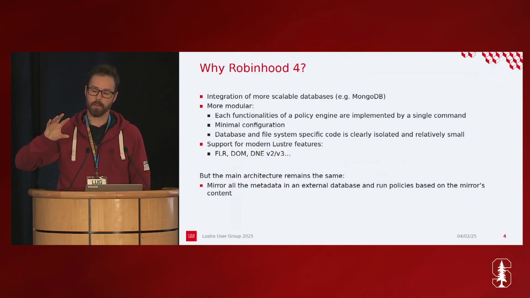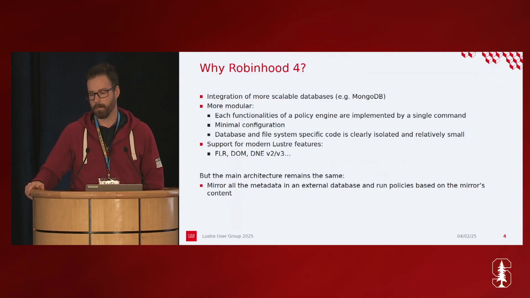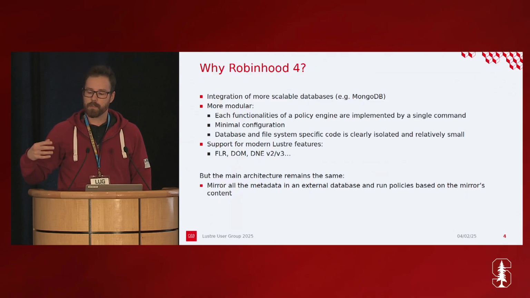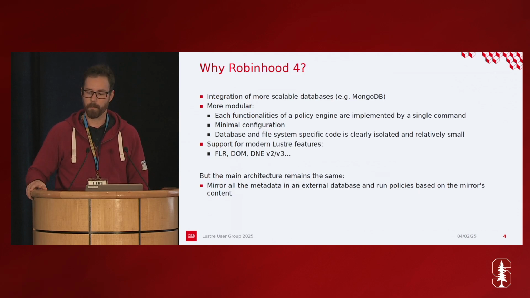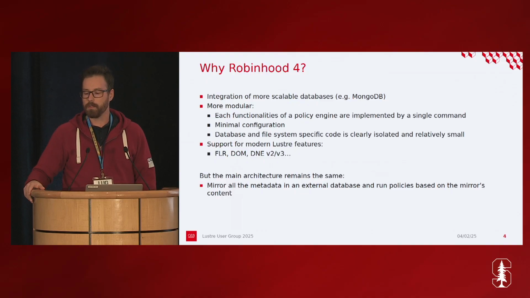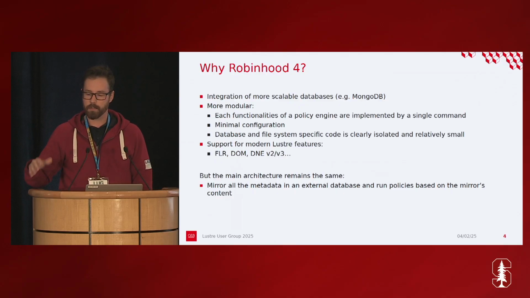You don't have a sort of centralized policy engine as in Robinhood 3. And since we've basically restarted from scratch, we've also taken the opportunity to support more modern Lustre features. So we support FLR, data on MDT, progressive file layouts, and also more recent versions of DNE as well.